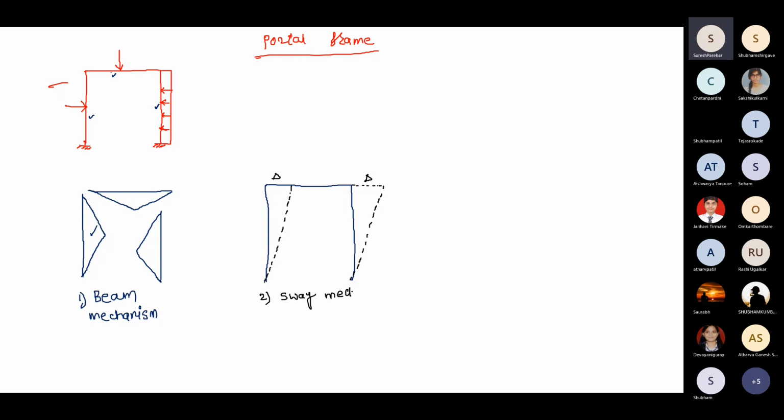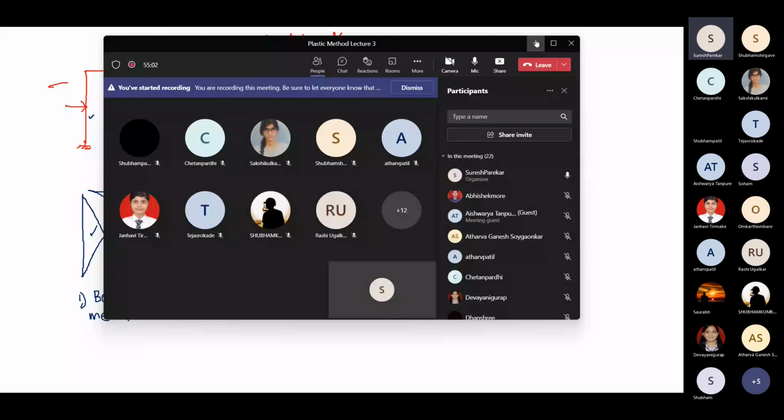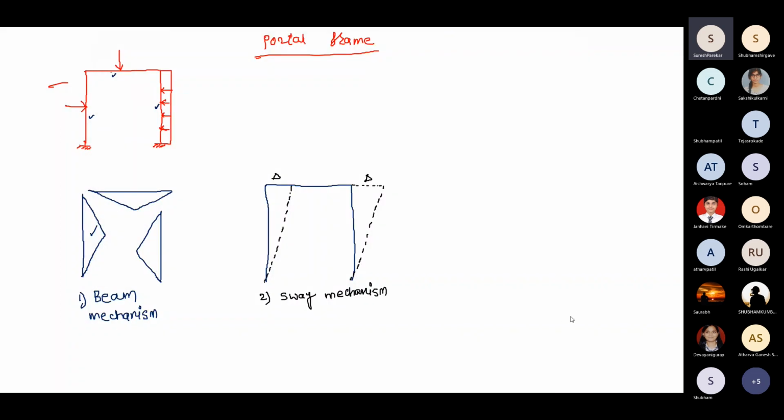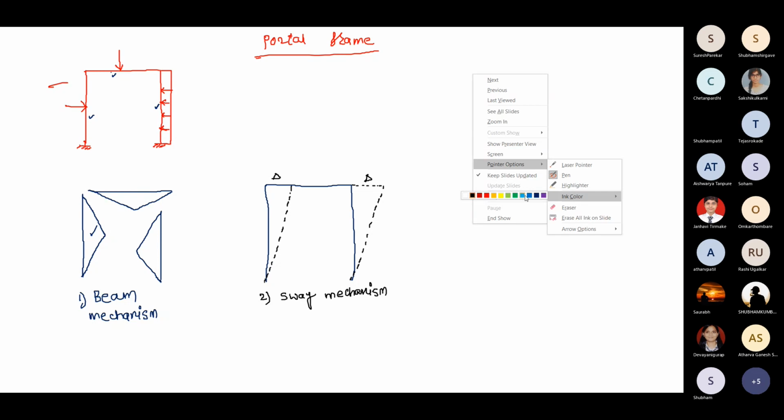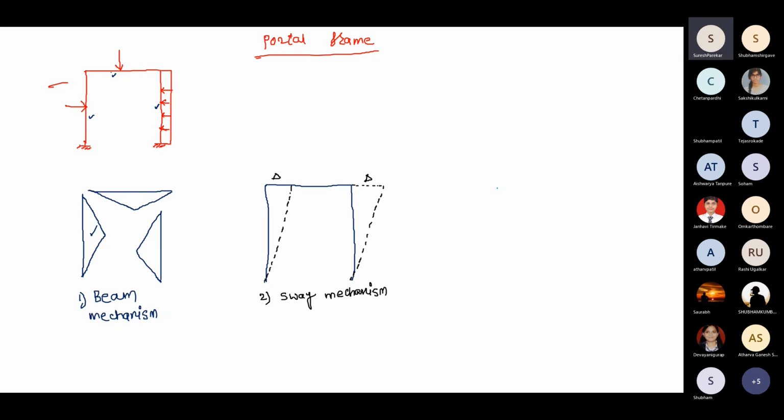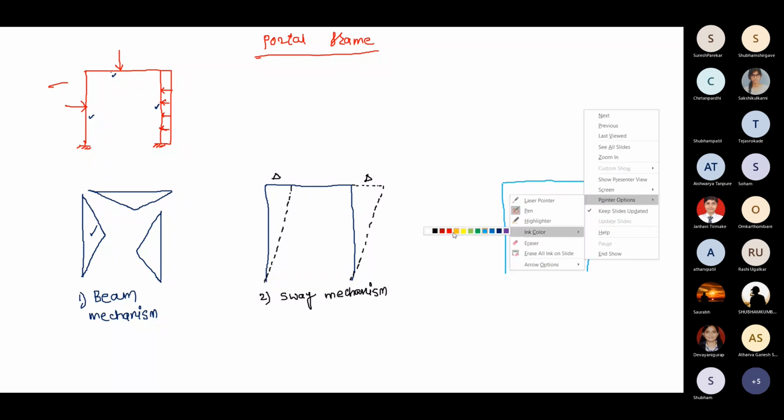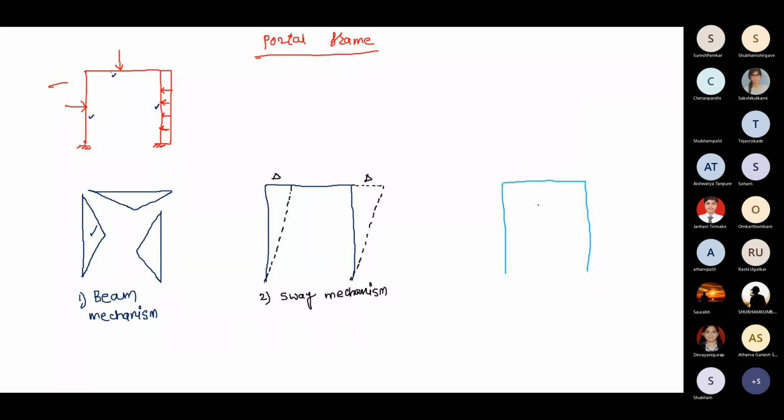In sway mechanism, the beam does not come anywhere. We have only sway. And then we have third, the combined mechanism. Now this is a combination of beam mechanism and sway mechanism. So now we have this like this.